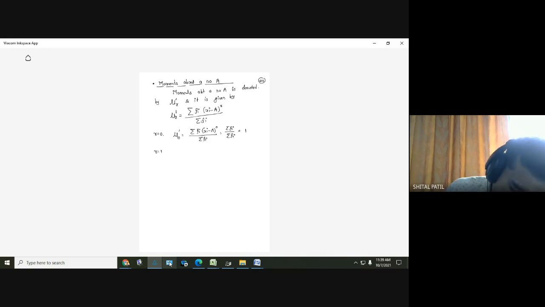Then let me take r equal to 1, so mu 1 dash is summation of fi xi minus A raised to 1 divided by summation of fi. So this is x bar minus A, since A is a constant, so I can write it outside.